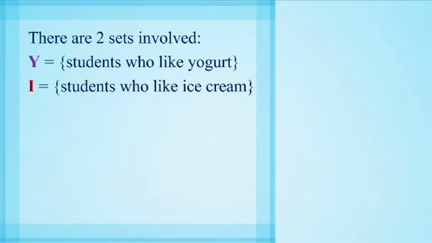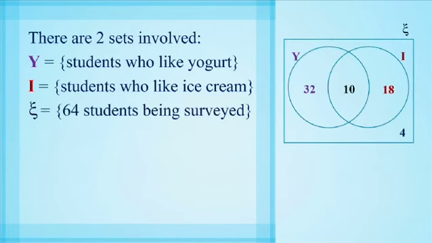Let's write down the information given to us and define the sets. There are two sets involved. The set Y represents students who like yogurt. The set I represents students who like ice cream. The universal set represents the 64 students being surveyed.